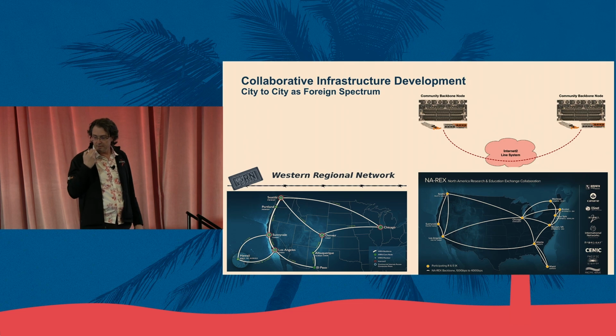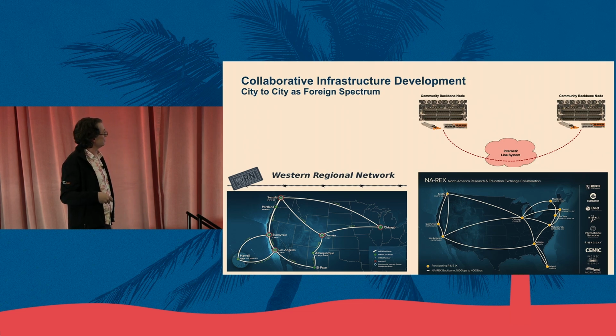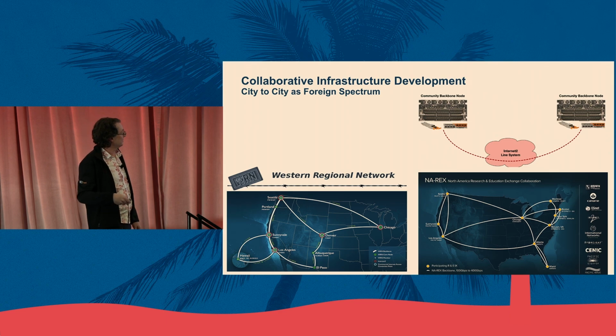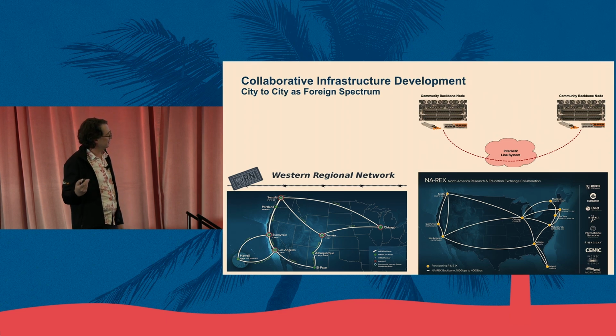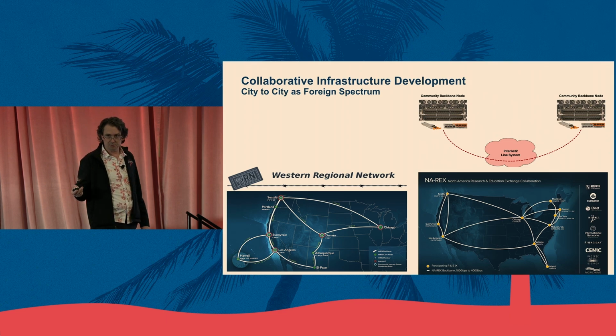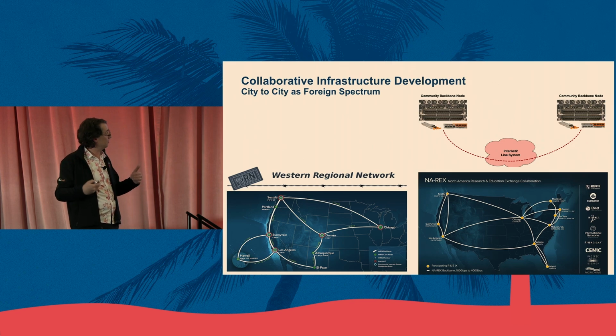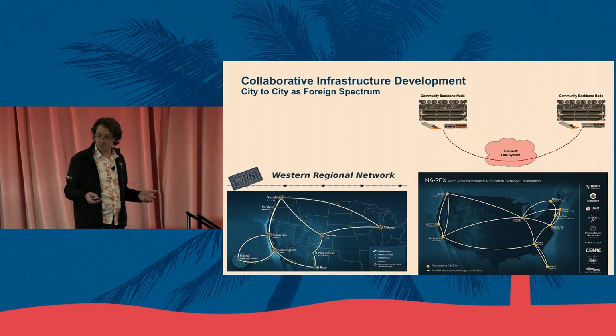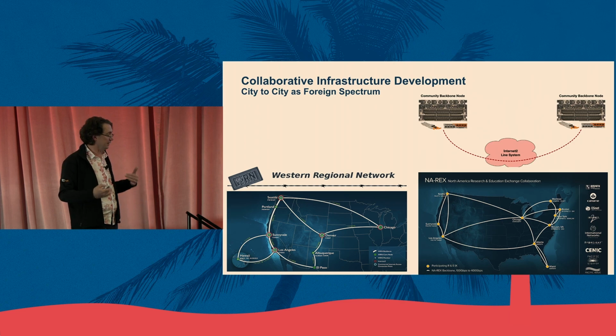We've also had several examples of building similar systems using the Internet2 platform. So this is city to city using foreign spectrum or Internet2 transponders or pluggables, but serving one of our community members. I found 2 easy examples here. The WRN network is using Internet2 spectrum, but community-owned transponders that build that entire platform.